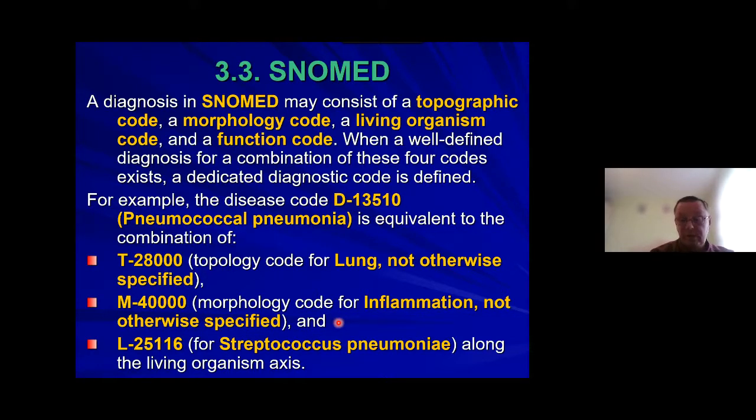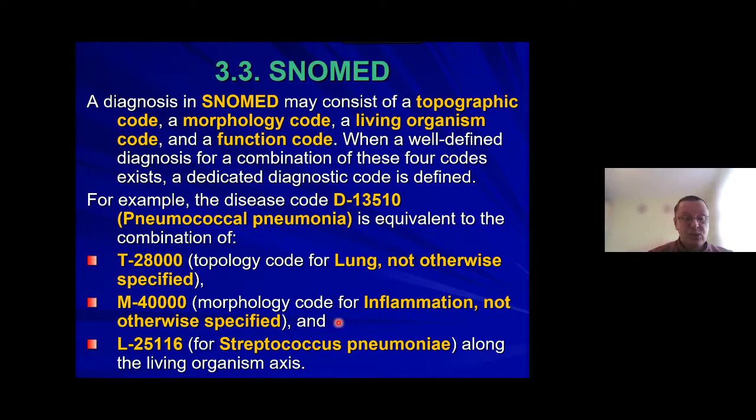different codes, which define exactly the same case, but we follow another axis, in other directions. So here is where we start by topography, by morphology, or along the living organism axis.